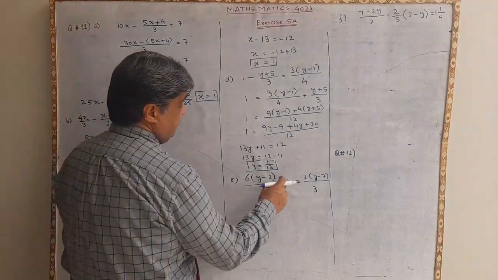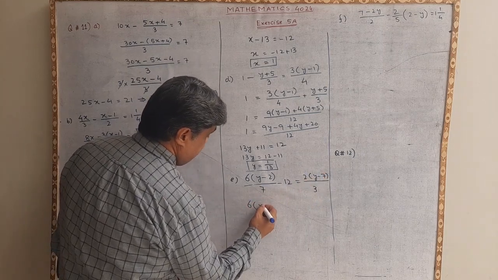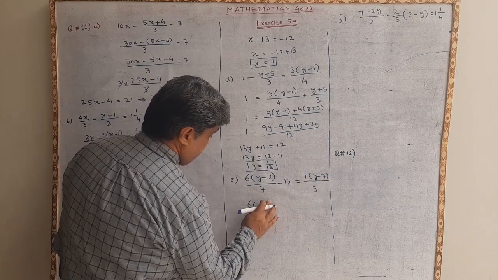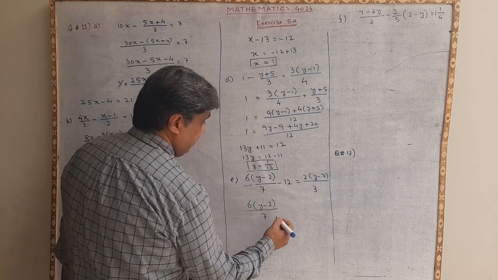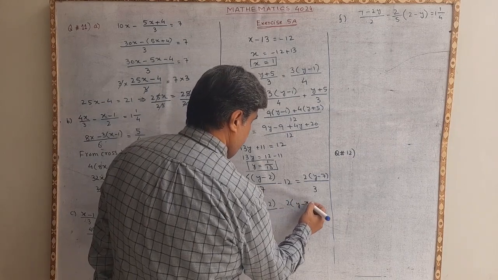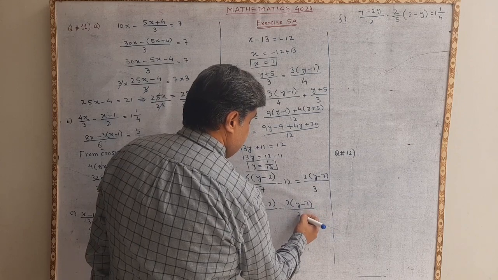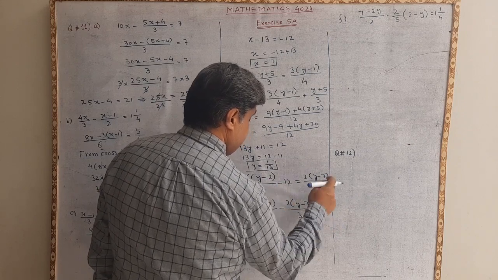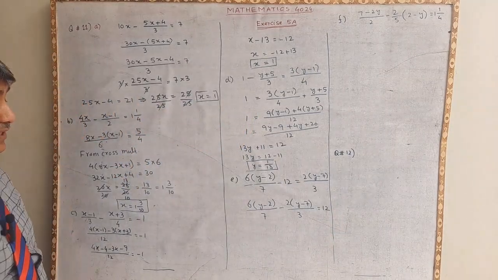Now to this part, I am shifting that to that side, y minus 2, and then I am writing 7 and minus 2 into y minus 7 divided by 3, and when this is shifted to the other side, it will be a positive 12.